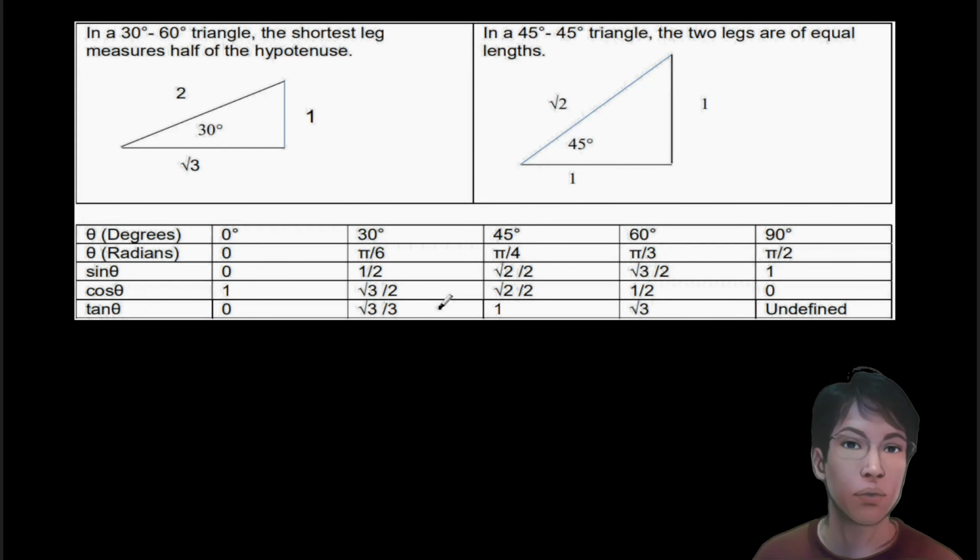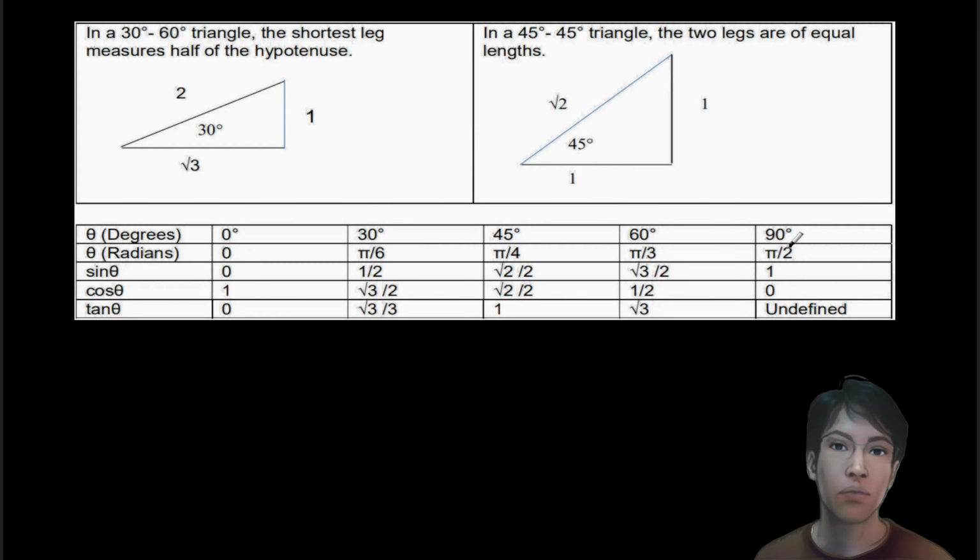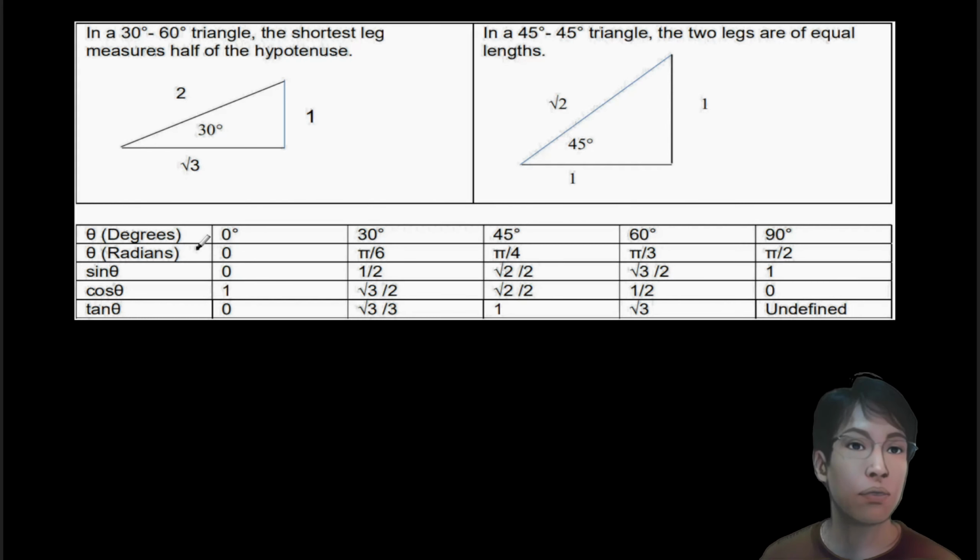Now, take note that tangent 90 is undefined.